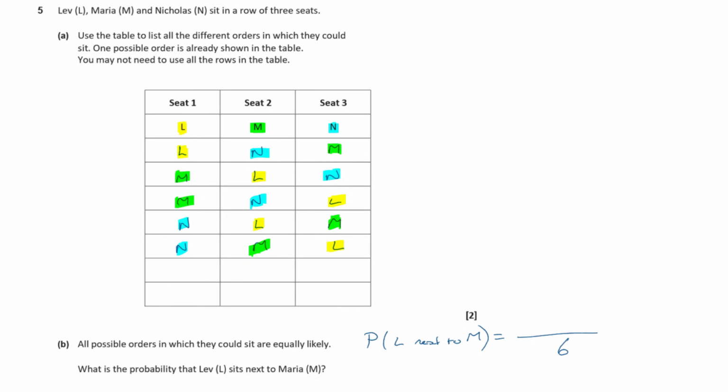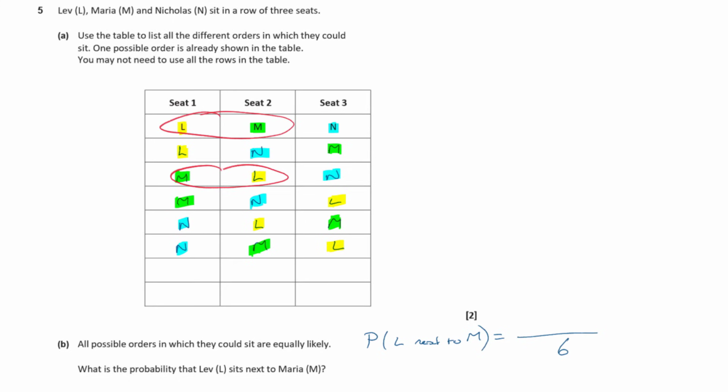Now the number on the top is going to be the ones that meet the criteria. How many of those outcomes do have Lev next to Maria? Okay, well, I can see Lev is next to Maria in the first one there. They've got Nicholas in between them for the second set, so that doesn't work. I've got Maria, Lev there, so they are next to each other.